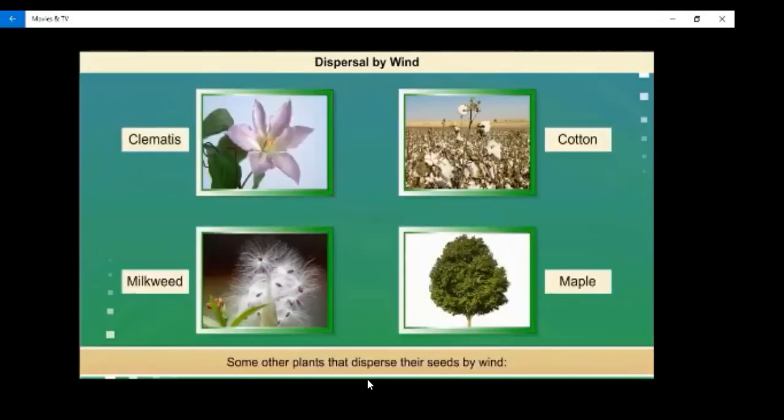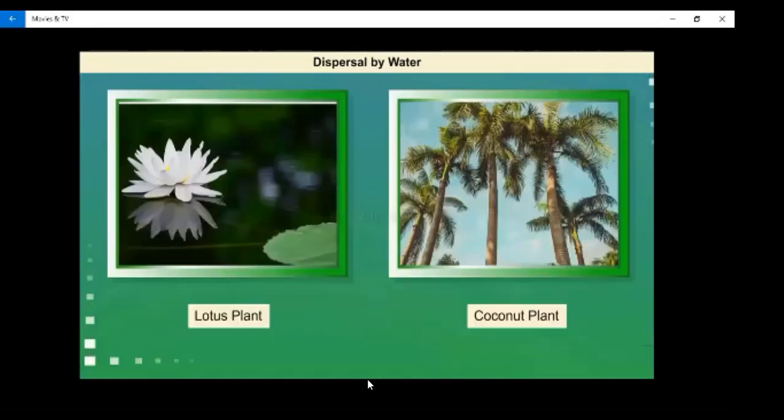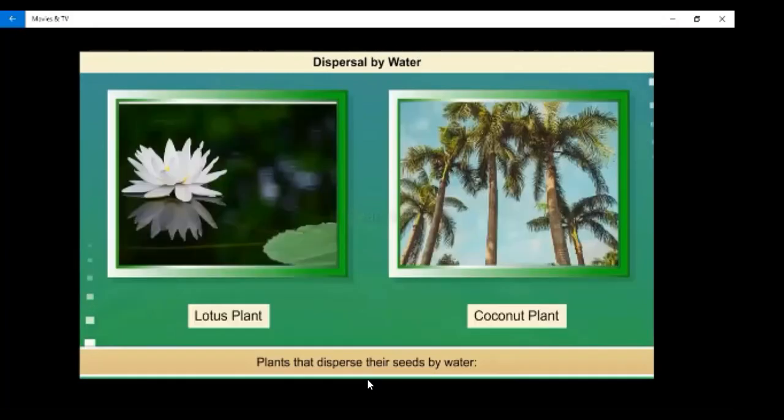Clematis, cotton, milkweed, and maple are some other plants whose seeds are dispersed by wind. Some plants that grow in or near water bodies, like lotus and coconut, disperse their seeds by water. The seeds of these plants are adapted to float on water.